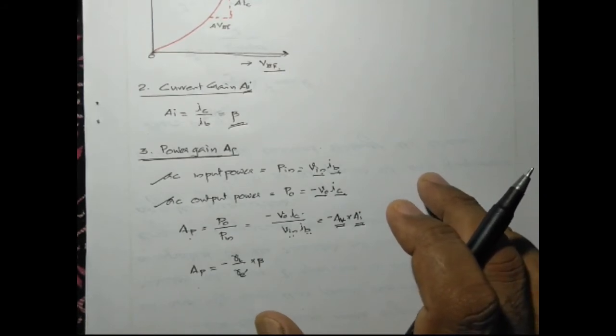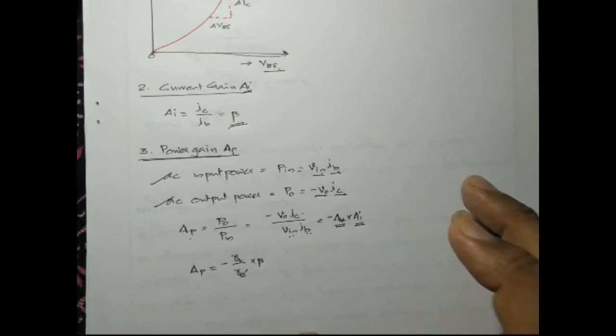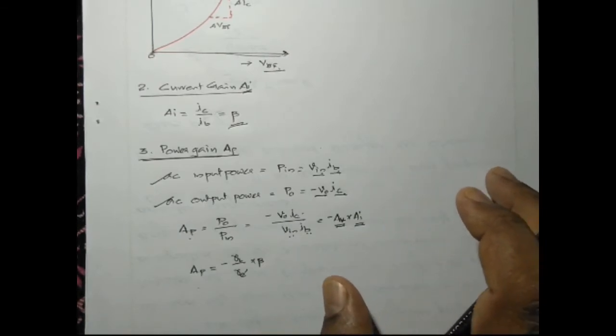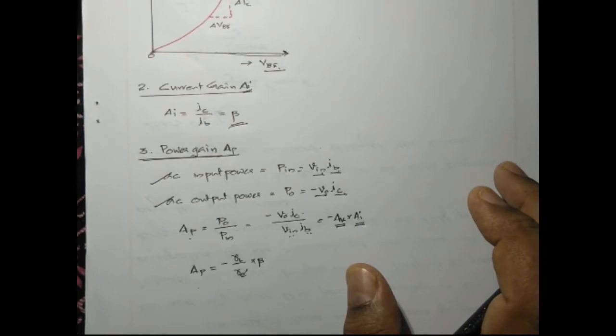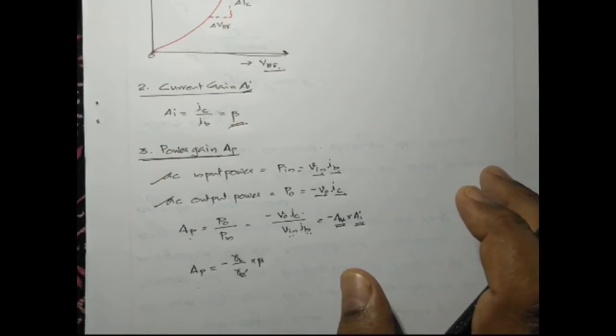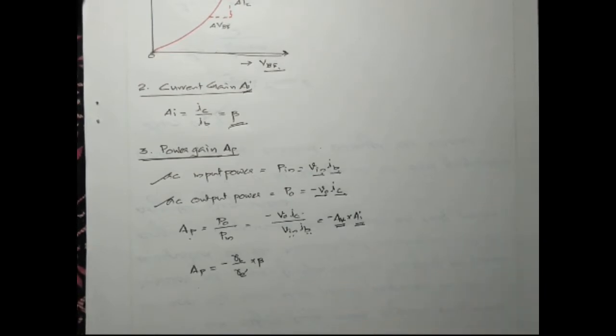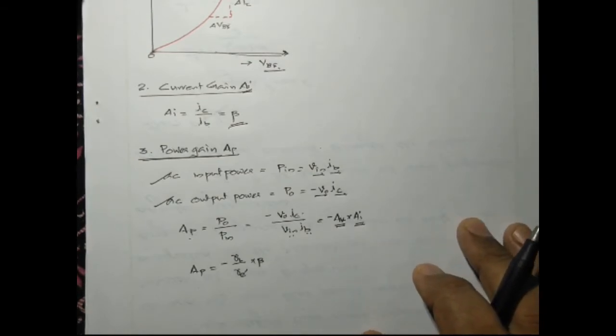In fact, a large DC input which is given to the transistor is modified in accordance with the small AC signal which is given. So the output AC is in fact a modified form of the DC input signal which is applied to the transistor through the biasing circuits. This is what is actually happening in the amplification process.